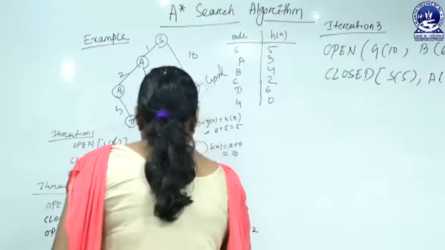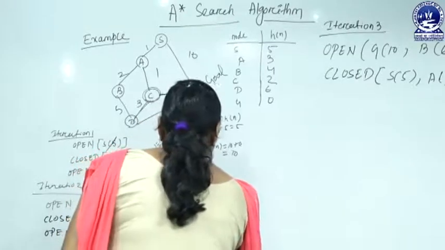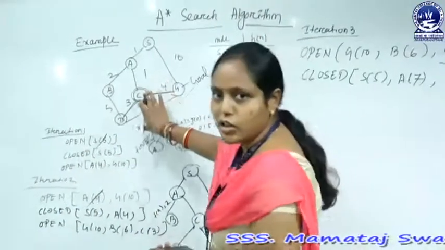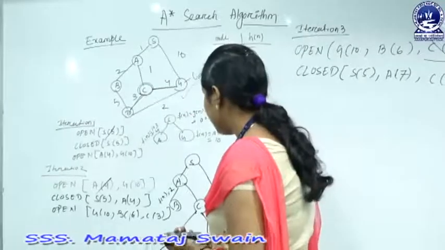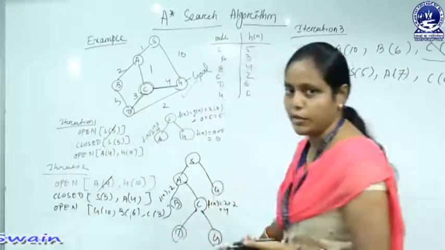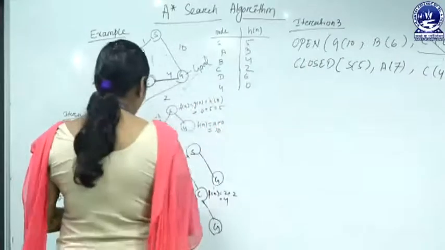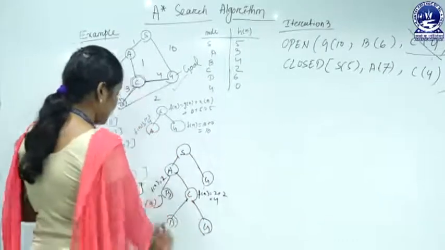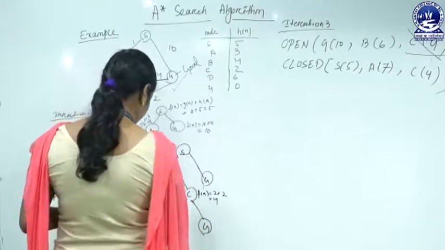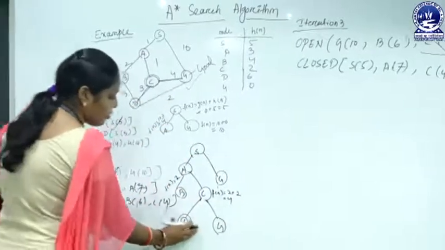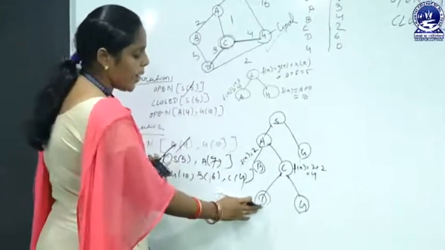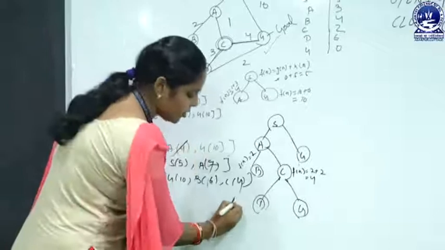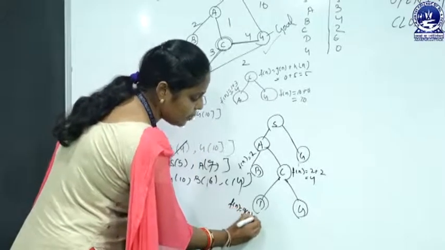Now generate the successors, that is D and G. After generating the successors of node C, here we check the evaluation function value for each successor. That means here we calculate the evaluation function value for node D and for node G. Now for calculating the evaluation function value of node D, first we check the Gn value, then we check the Hn value, because here evaluation function Fn equal to Gn plus Hn.